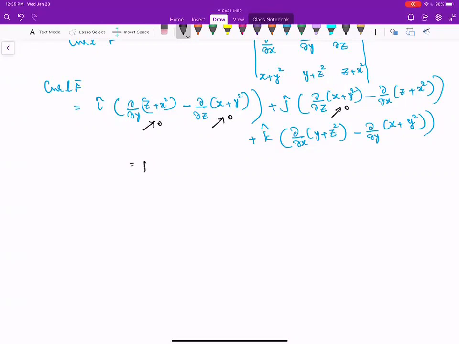So j times 0 minus, you get a minus 2x there, then plus k times, this part is going to be 0, and this has minus 2y. So we get this value to be equal to negative 2x, negative 2y.